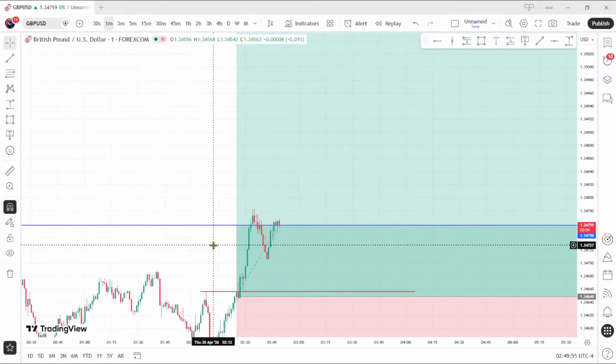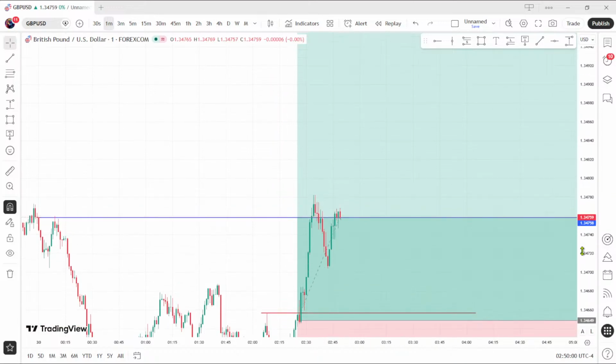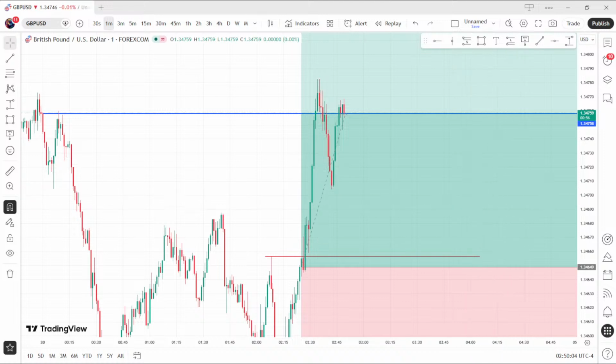Price is still rallying up and up. You see that?